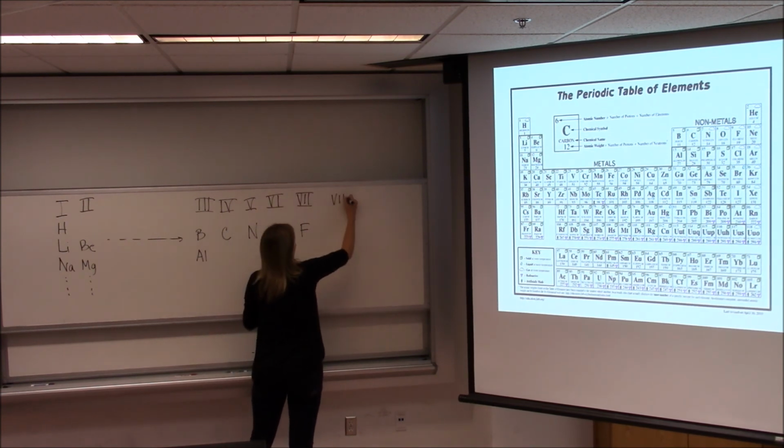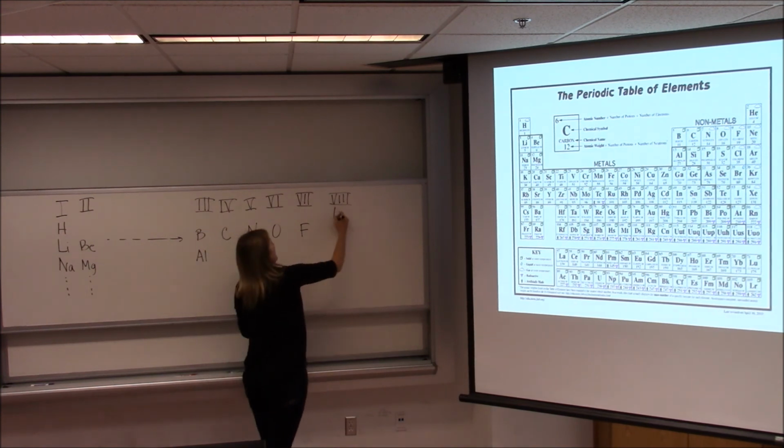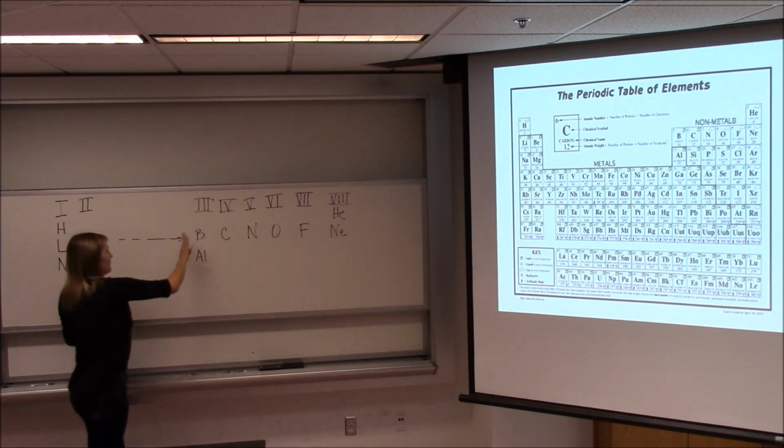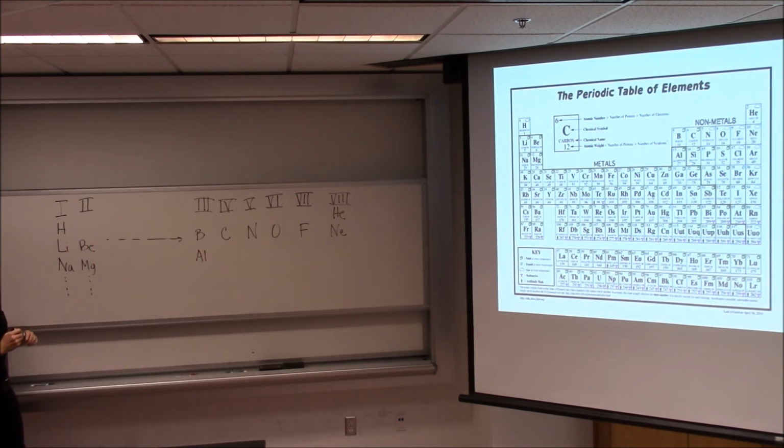And then finally column 8 is going to be that very last one with helium, neon, etc. So we're mostly going to concern ourselves with those 8 columns as we go through the story.